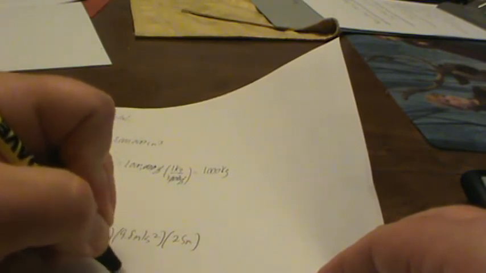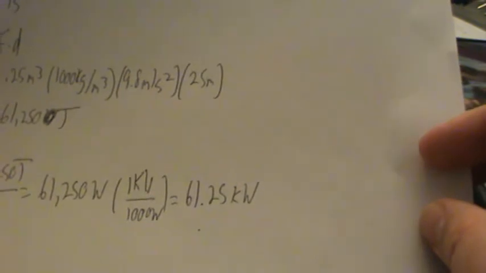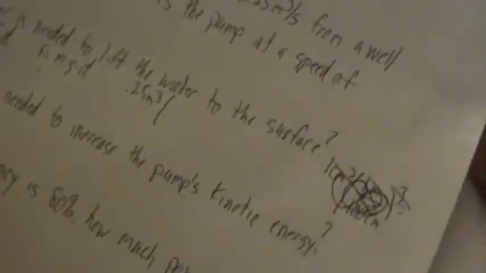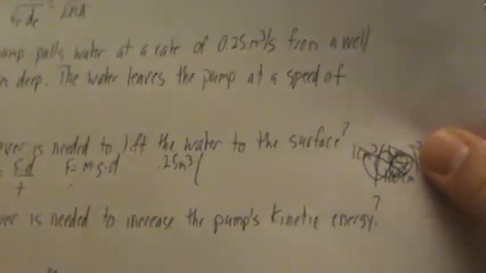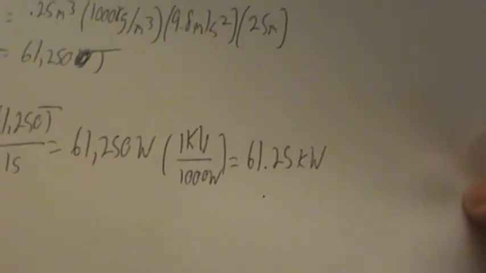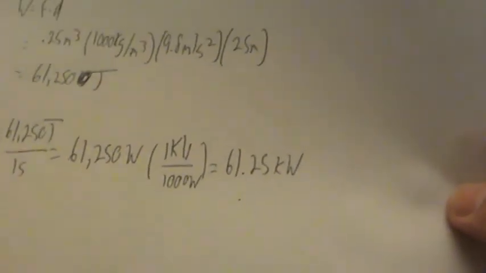So 1 kilowatt is equal to 1,000 watts, so that's 61.25 kilowatts. Okay, so that's A. What power is needed to lift the water to the surface? 61.25 kilowatts, or 61,250 watts.